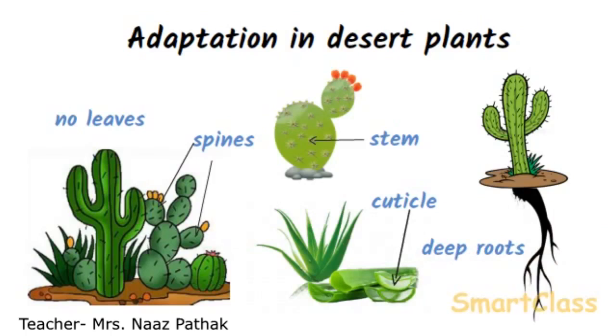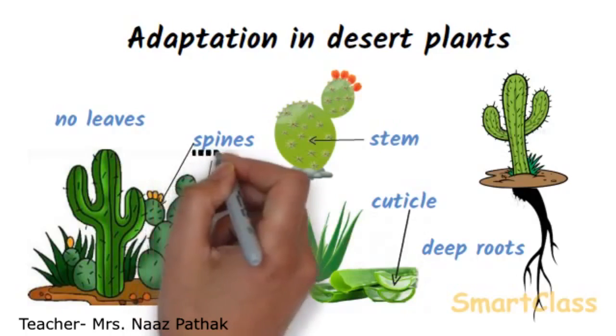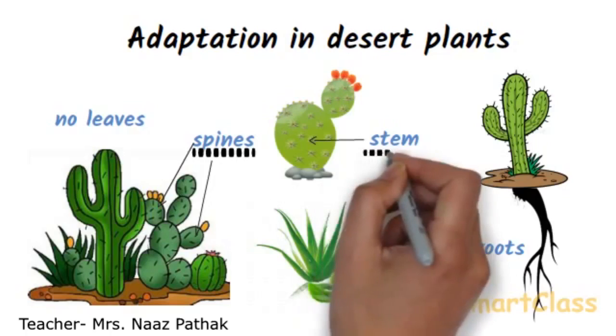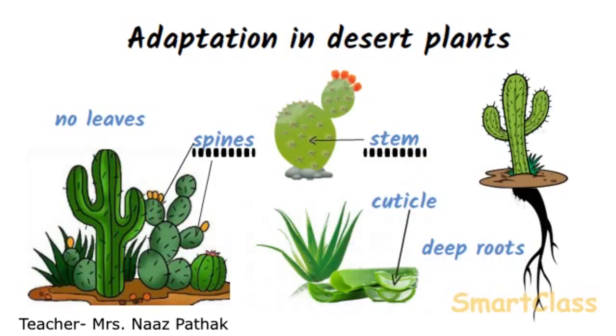The cactus plants have modified their leaves in the form of thin spines to reduce the loss of water through transpiration, and hence, because of this, cactus plants lose very little water and survive in desert on the stored water for a long time. The photosynthesis in cactus plant is carried out by the green stem.